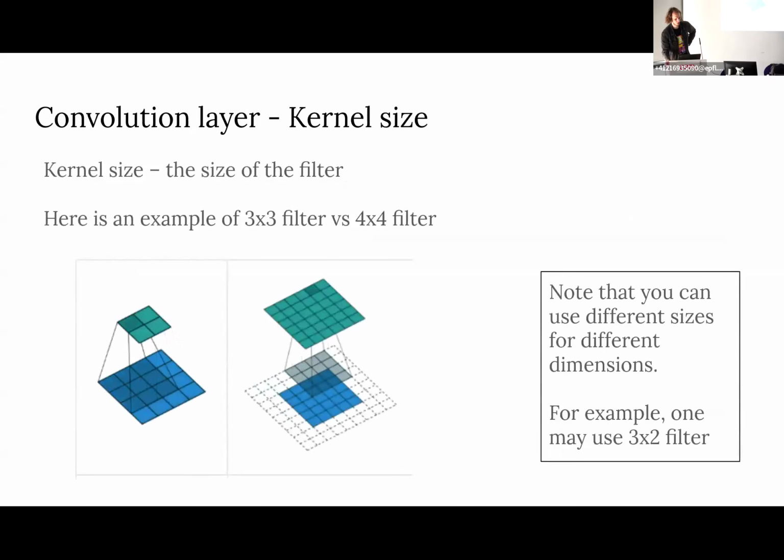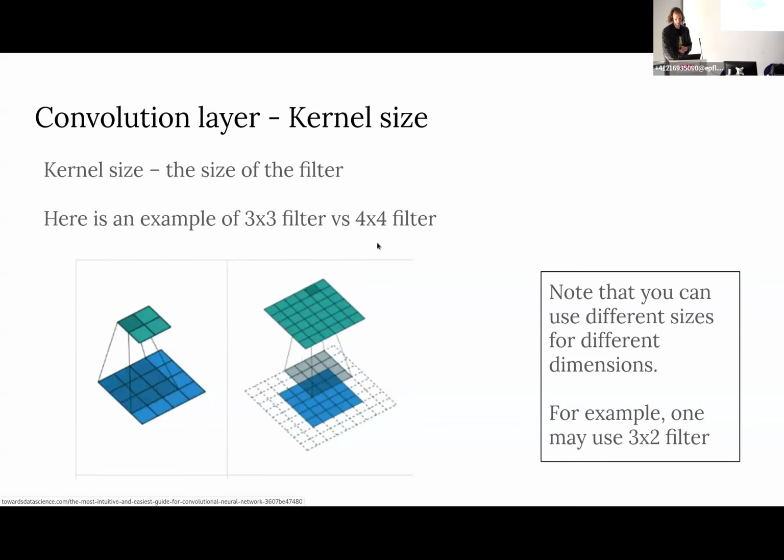So how do we define a filter? At first, we need to define the so-called kernel size, which says what is the size of your filter as a matrix. For example, here we have a kernel size 3 by 3, so a 3 by 3 filter, and we see a 3 by 3 square here.